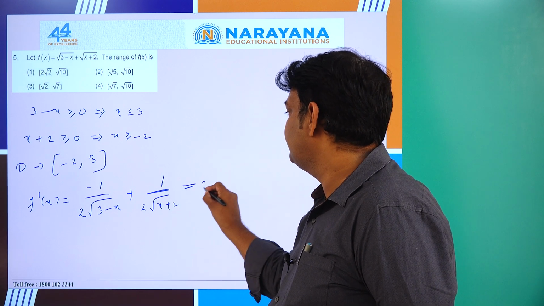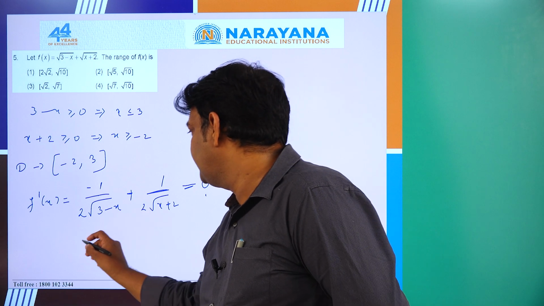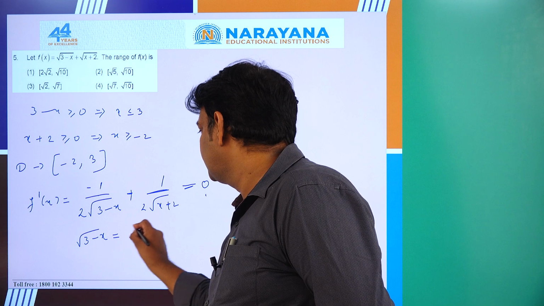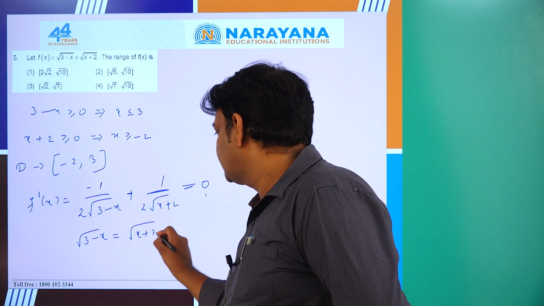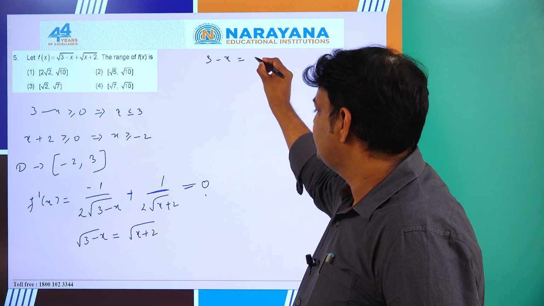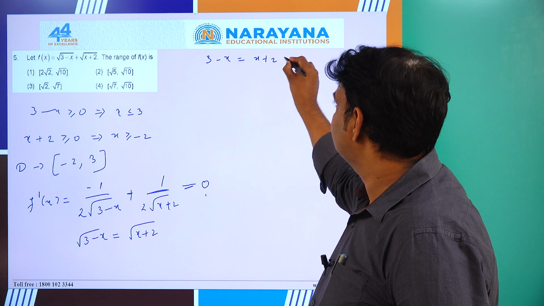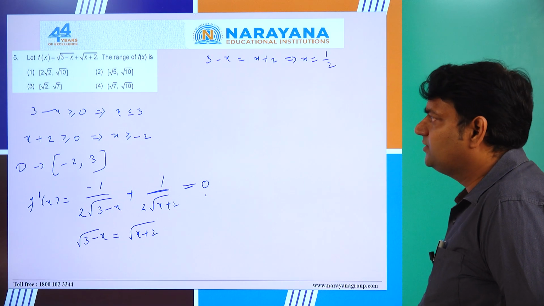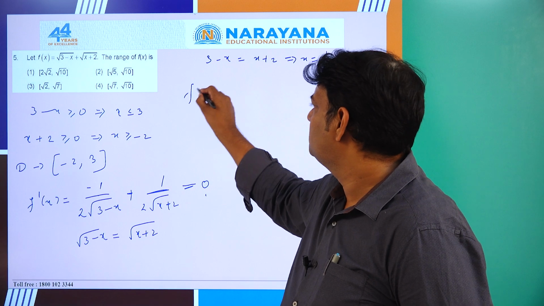For maxima or minima this should be 0. If you equate, what you will get? Root of 3 minus x is root of x plus 2, squaring on both sides, 3 minus x is equal to x plus 2, so what is the value of x? 1 by 2.